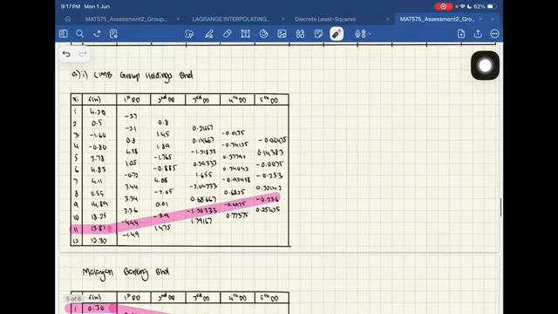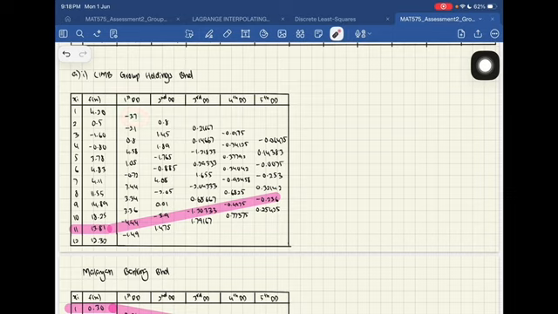So firstly, you must do a table up to the 5th order, 5th DD. So the first DD, how you get the answer? 0.5 minus 4.20 over 2 minus 1, and then you will get the answer 3.7.